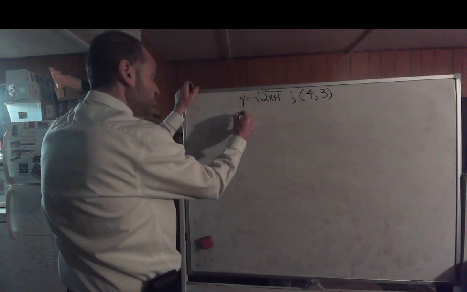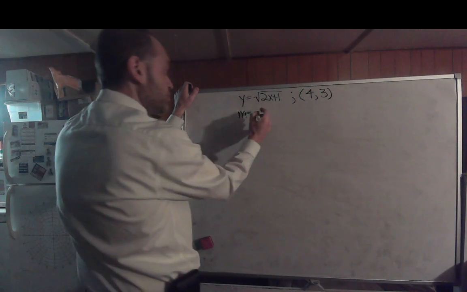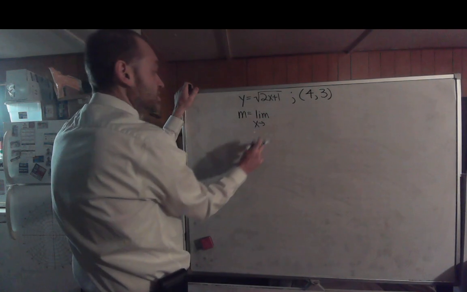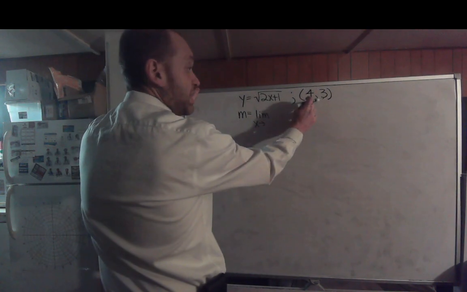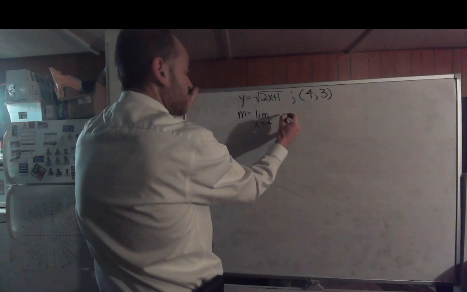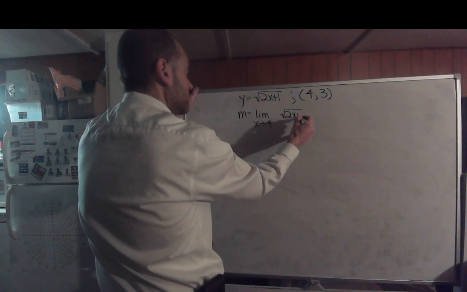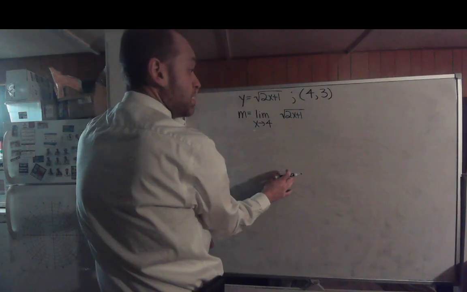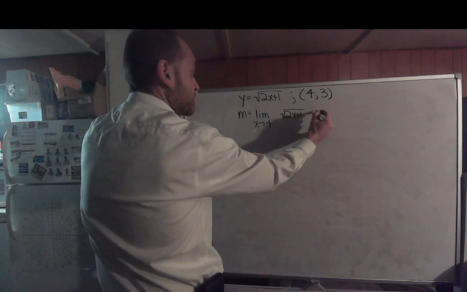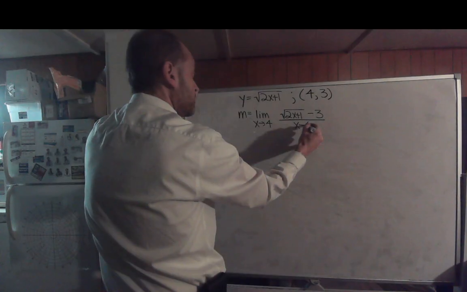So the slope of the tangent line, that instantaneous rate of change, would equal the limit as x approaches your x value of the ordered pair, which would be 4, of your f of x, which in this case is the square root of 2x plus 1, minus that f of a, which is 3, divided by x minus 4.